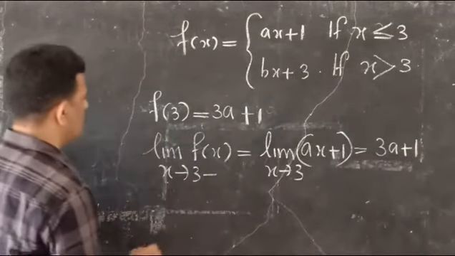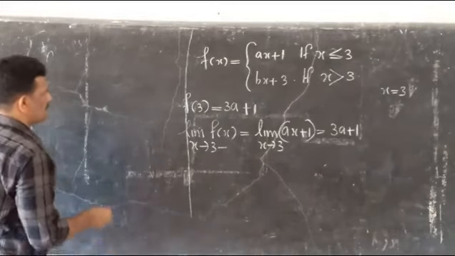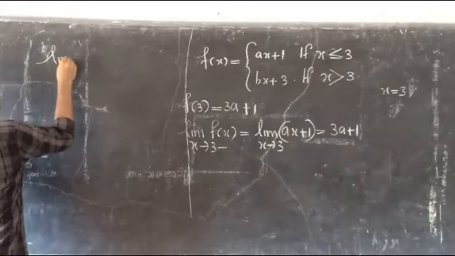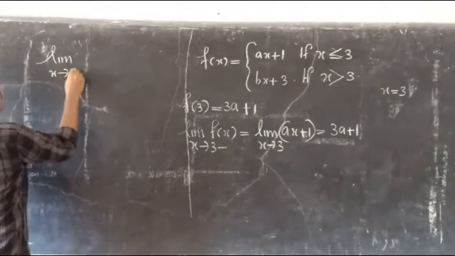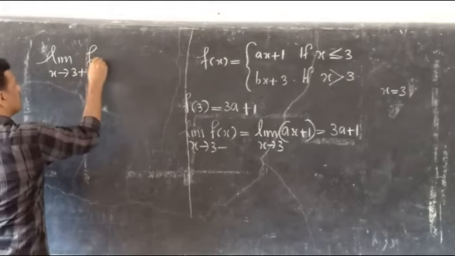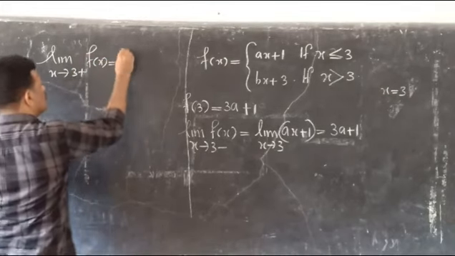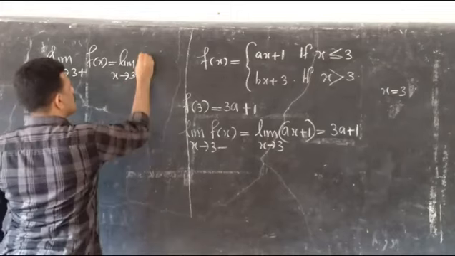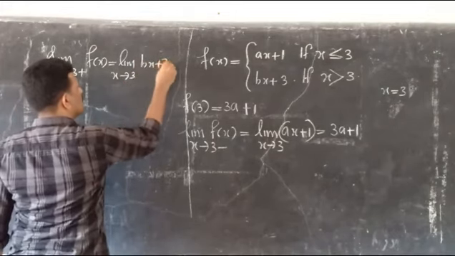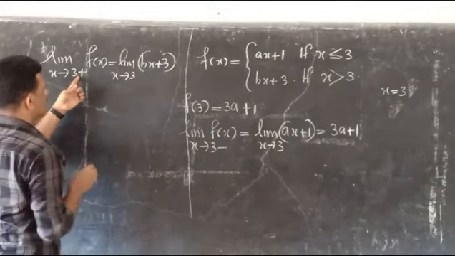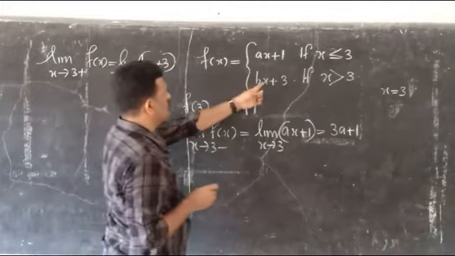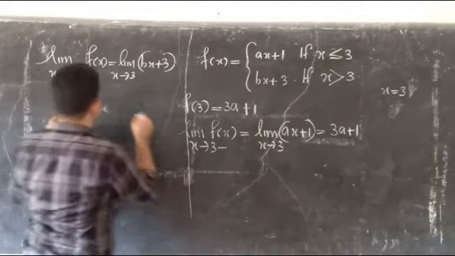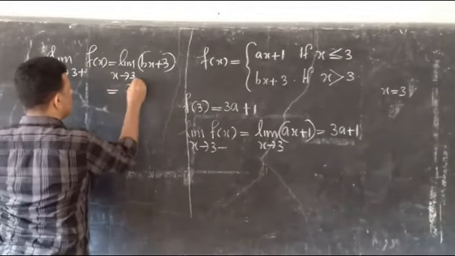Now, the right limit is limit x tends to 3 plus f of x. That is equal to limit x tends to 3, bx plus 3. Because x is tending to 3 and greater than 3 means bx plus 3. That is, we get 3b plus 3.